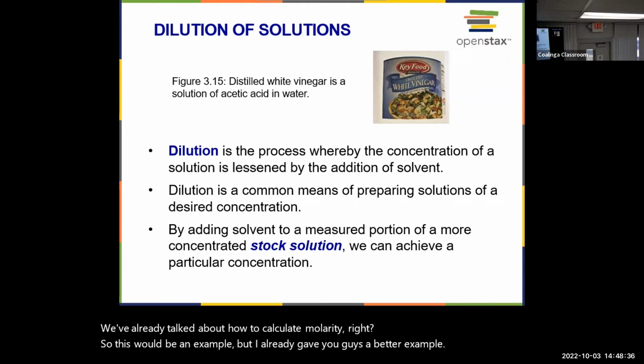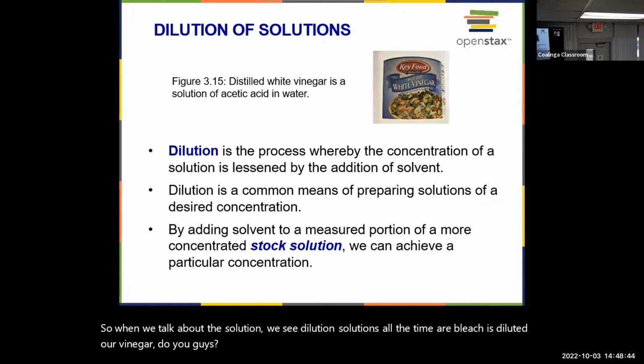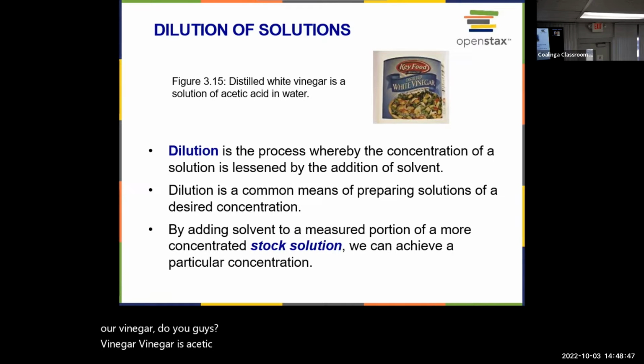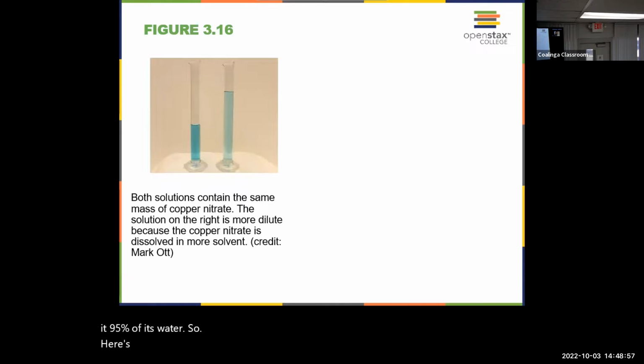We see dilute solutions all the time. Our bleach is diluted. Vinegar is acetic acid diluted to about 5% acetic acid, and the other 95% is water, right?